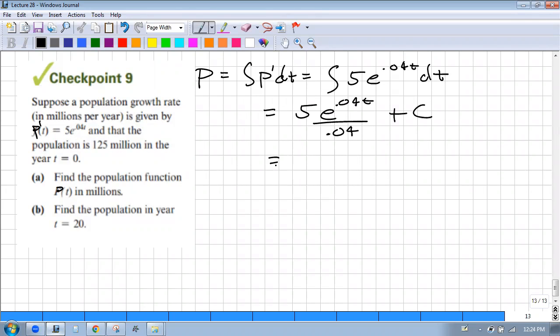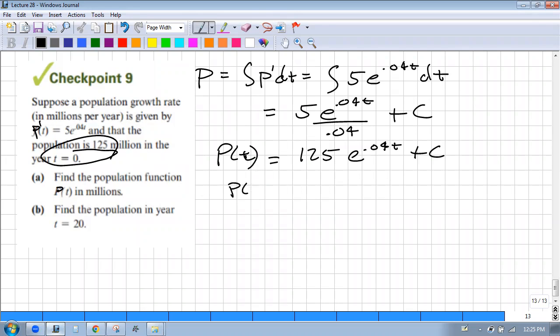And what is 5 divided by 0.04? 25 or something? 5 divided by 0.04? 125 e to the 0.04 t. This is our P of t. All right, and then we know that P of 0 is 125.